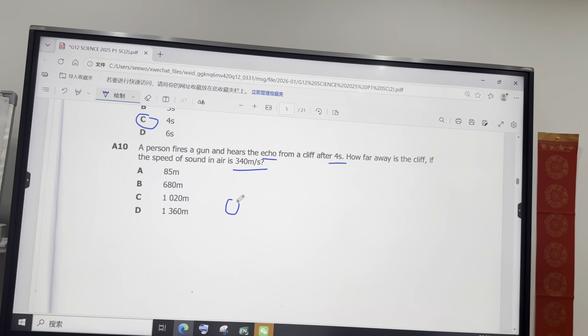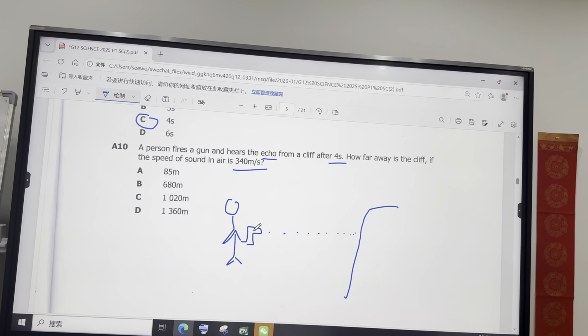So we have this person, who fires a gun. Then there's a cliff here. When they fire the gun, sound moves like that, then they hear the echo.